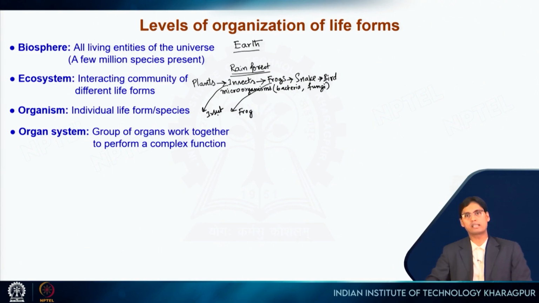Our digestive system is an organ system, because many organs work together to do a particular job. We have the stomach, the intestine, the large intestine, and all together they form the digestive system. They digest our food when we eat it.